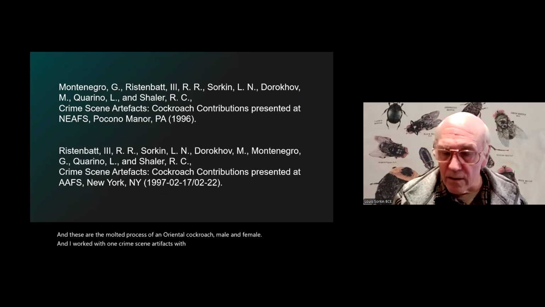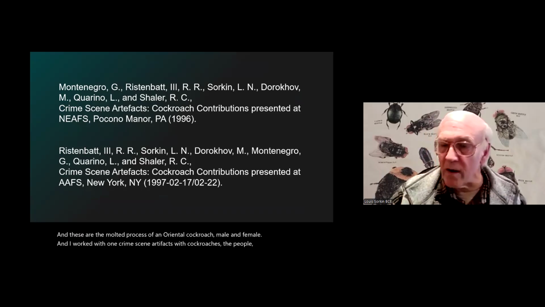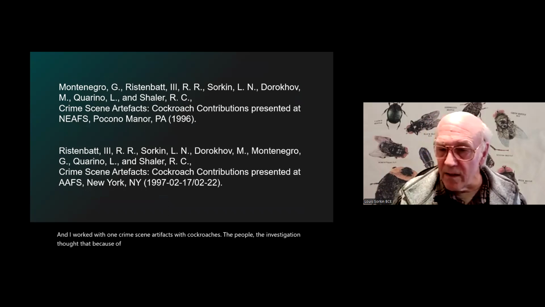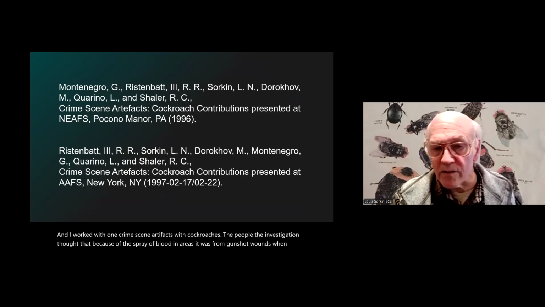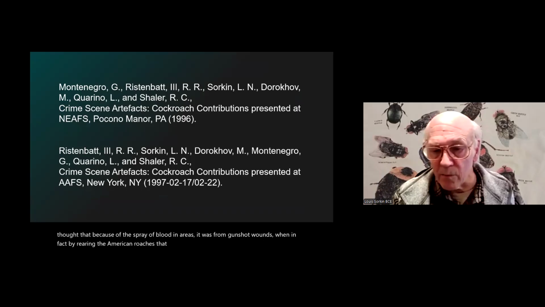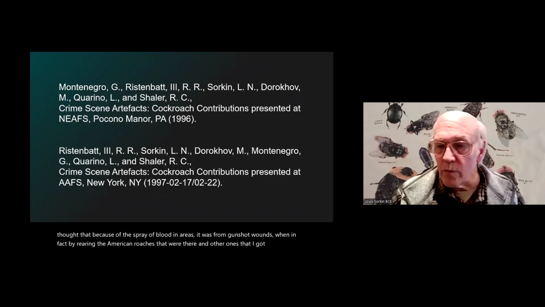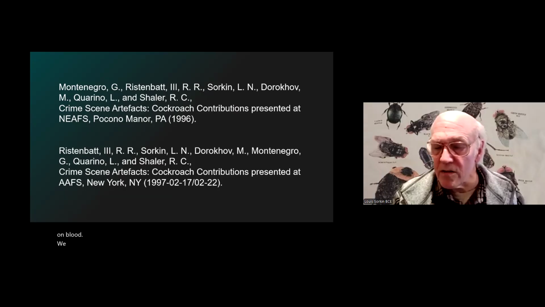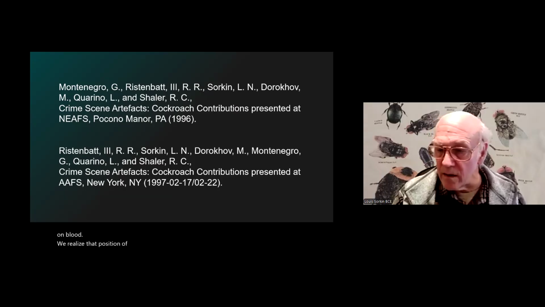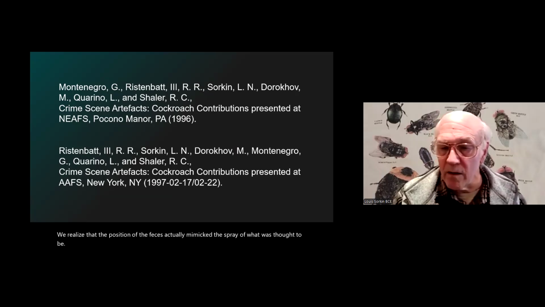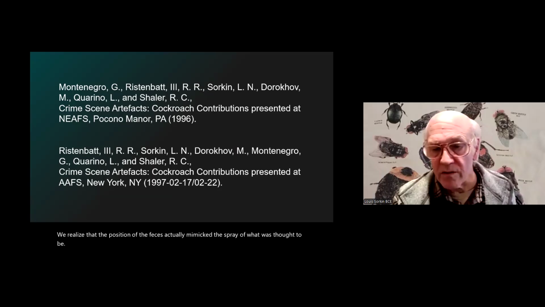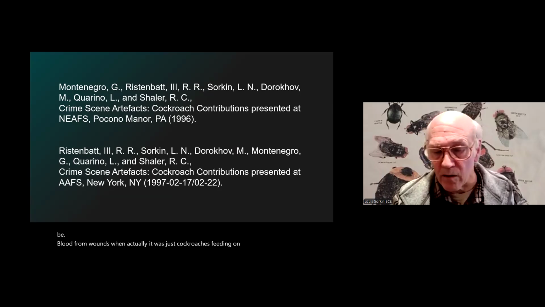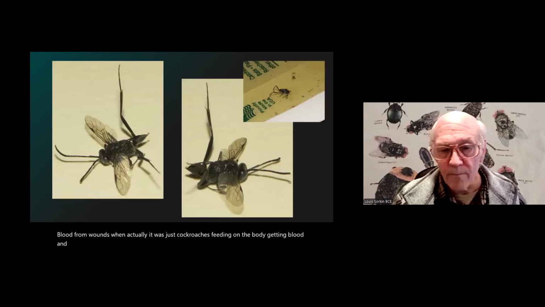The investigators thought that because of the spray of blood in areas, it was from gunshot wounds, when in fact, by rearing the American roaches that were there and other ones that I got from colonies on blood, we realized that the position of the feces actually mimicked the spray of what was thought to be blood from wounds, when actually it was just cockroaches feeding on the body, getting blood, and then defecating on the walls.